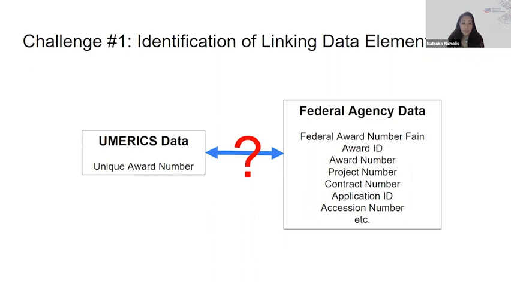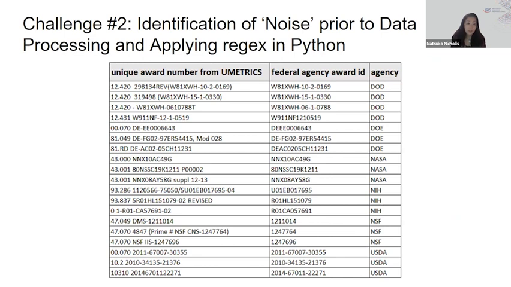So here's one: identification of the linking data element. Each agency has different variable names and, worse, different formatting. So we first need to identify which is the linking data element so that we can continue linkage. Another challenge is noise.